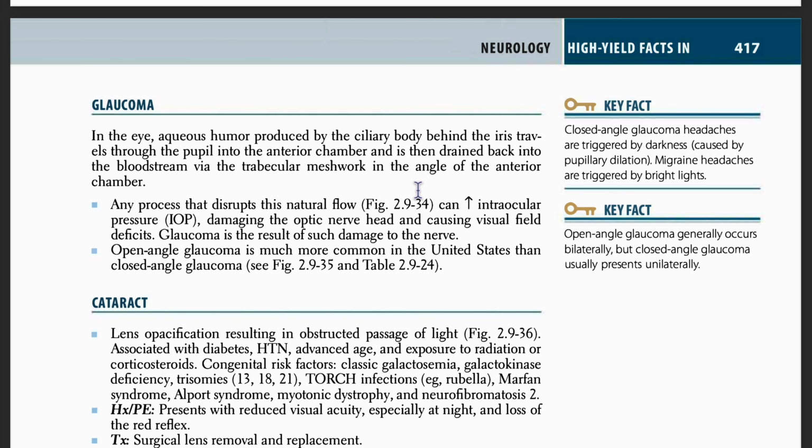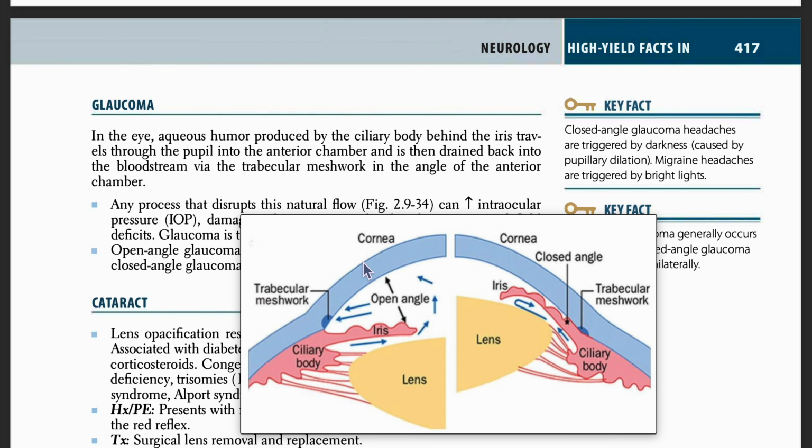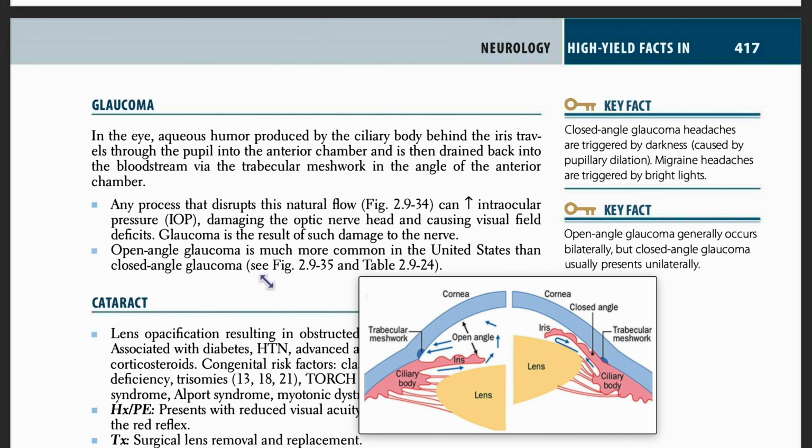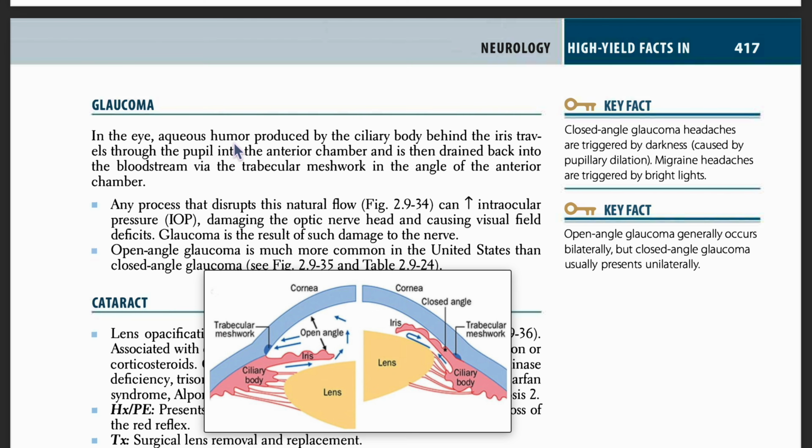I'll read that again. Actually, let me grab a diagram for this. So, got the diagram here. Let's read that again. In the eye, aqueous humor is produced by the ciliary body right here, behind the iris.